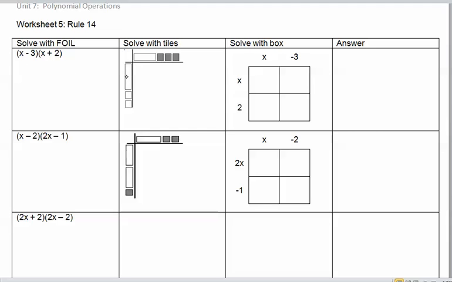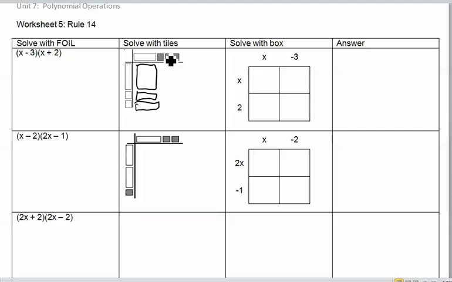So, this is an x times an x, which is an x squared. Remember, we represent that with a box, okay? And then a 1 times an x is just a positive x. And a 1 times an x is just a positive x.